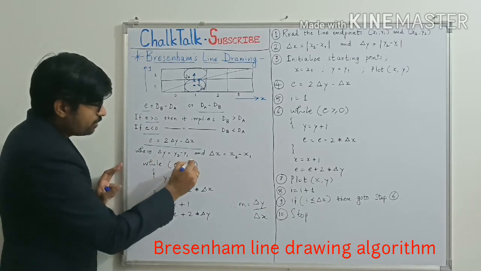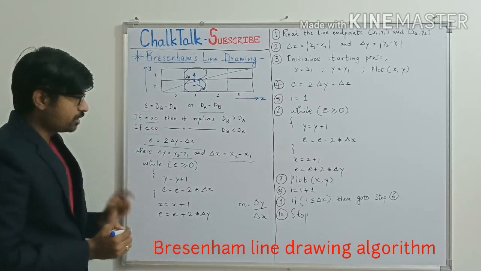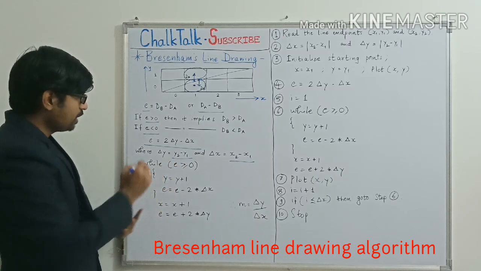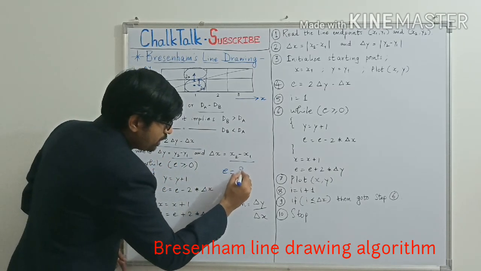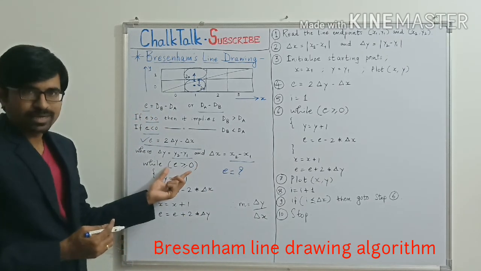Where del y stands for y2 minus y1 and del x stands for x2 minus x1, we get the values of del y and del x, and with the help of these values you can calculate the value of E. Once you have the value of E, you can check the respective condition.